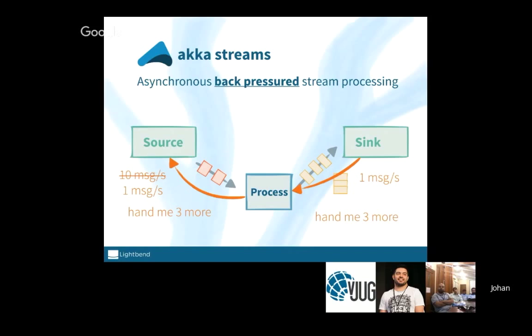And until it asks for more messages, it's not allowed to send more than 3 messages. So this allows us to deal with this in bounded memory, right? So this will actually propagate back to the producer and tell the producer that it cannot produce elements at a faster rate than the far end consumer can consume.